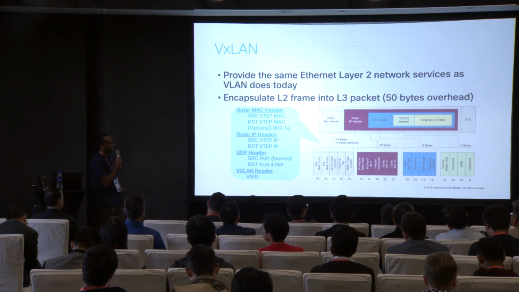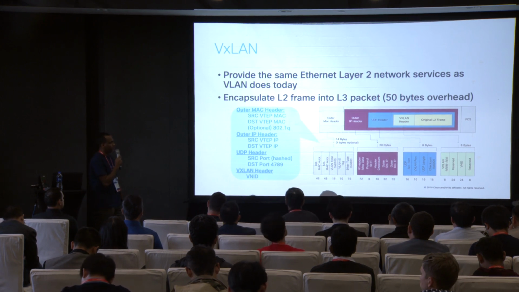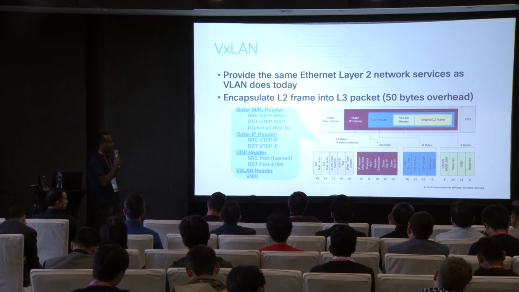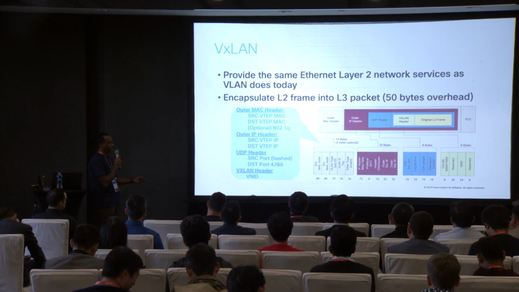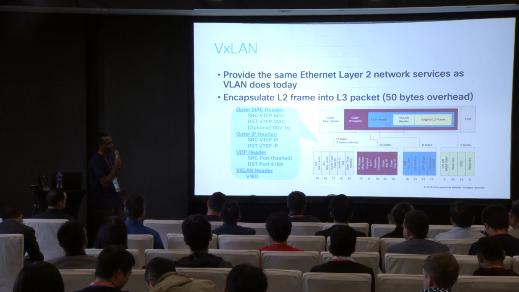Also, for providing elasticity in the cloud, you would want to distribute your workloads within your data center and outside your data center. And how would you do that? You want to do a layer 2 stretch, and the layer 2 stretch can be achieved through an L3 fabric, and that's exactly how VxLAN fits in the picture.